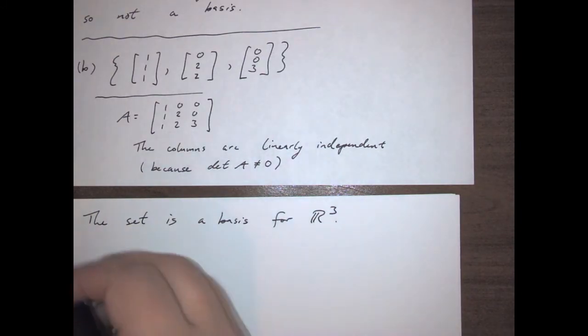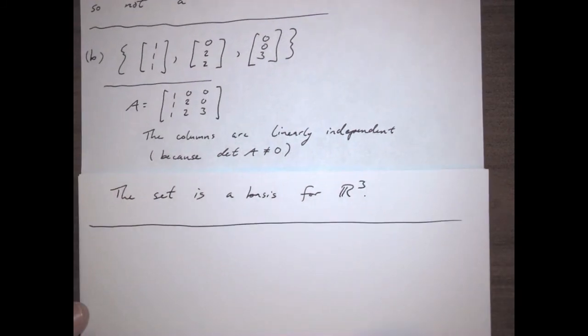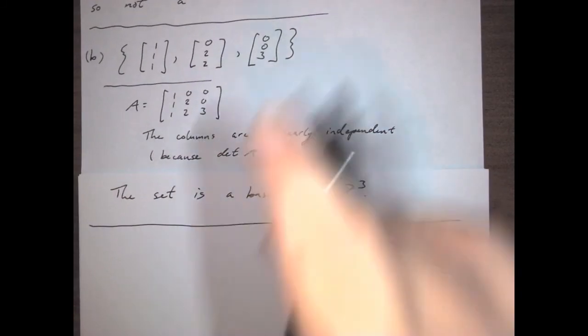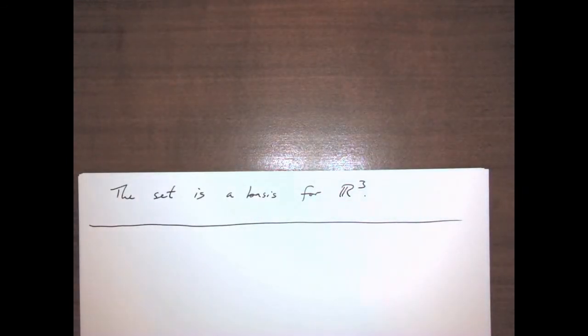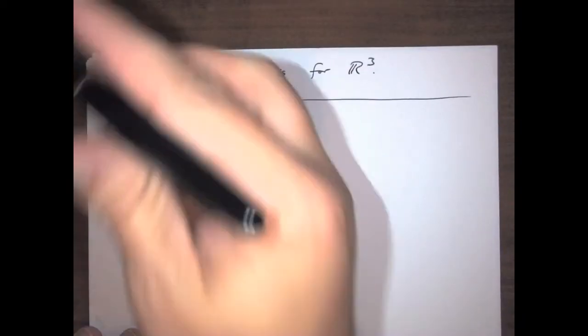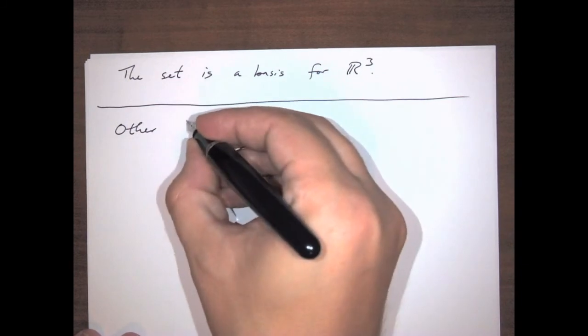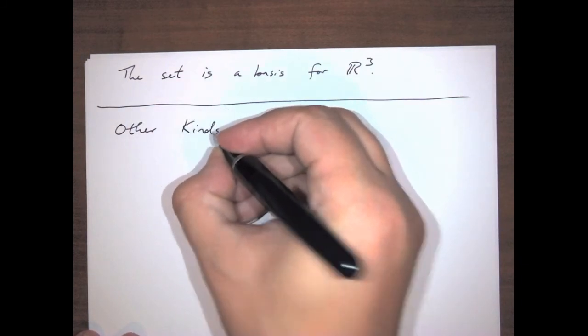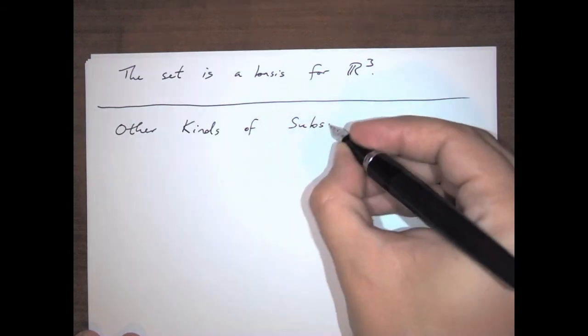Okay, now there's another twist on the same sort of thing that we've been doing as far as column and null spaces that we can also apply for a slightly different setup. So other kinds of subspace.